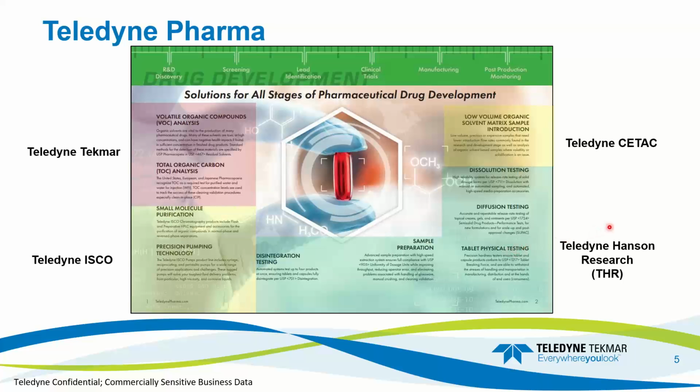They have everything from dissolution testing, diffusion testing, tablet physical testing, sample preparation, and other types of instrumentation. So as you can see, all these four companies make up a larger group called Teledyne Pharma. It's a big marketing segment so that we can address the customer's concerns from development to manufacturing to QC and beyond. So we have every stage of the process covered with this group of companies here at Teledyne.